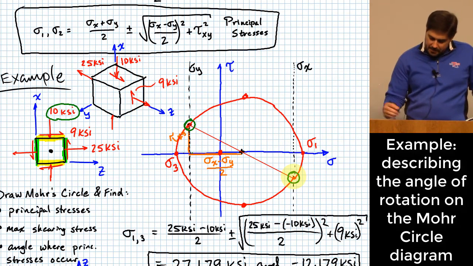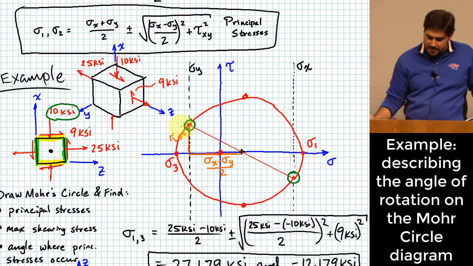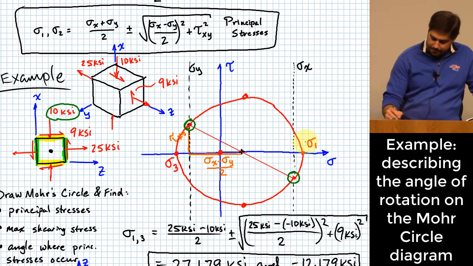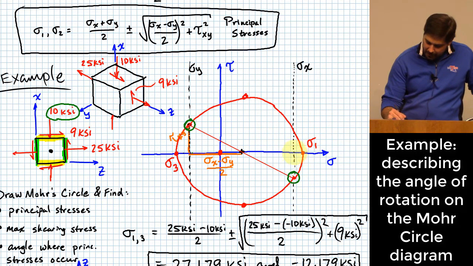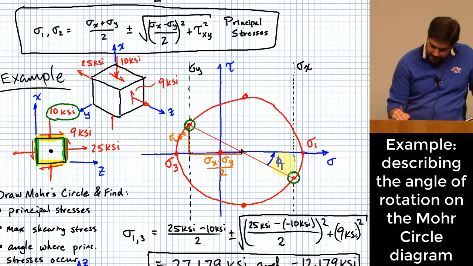All right, and so we're basically saying that the state of stress we actually have, which is described by this line where we have these 2 points, if I want to go to the point where I've got my principal stresses, I have to rotate this by some little angle. And that little angle, I called it up there phi sub p.